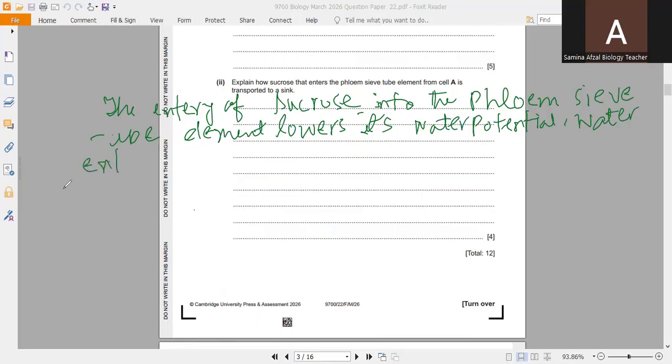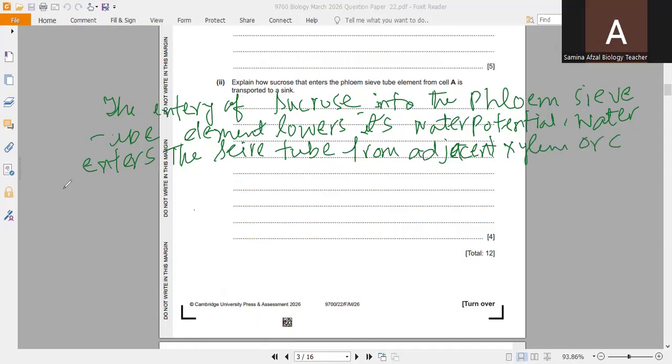Water enters the sieve tube from adjacent xylem or cells down a water potential gradient by osmosis.